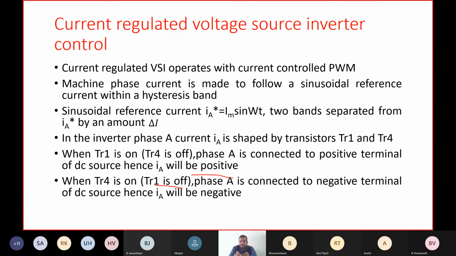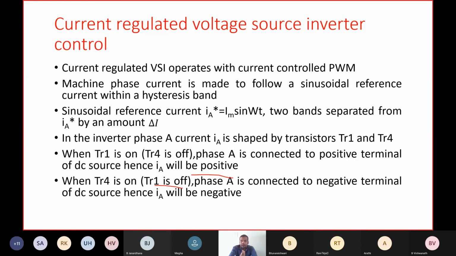The VSI is fed with a voltage source, and the CSI is fed with a current source. But here we are using the current regulated voltage source for the current source inverter control.